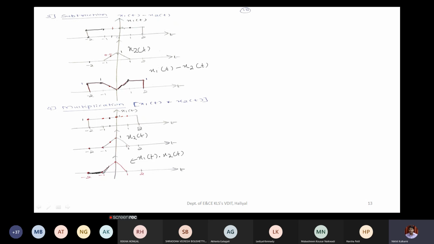So this is going to rise up, 1 into 1 will be 1, and similarly on the other hand. We will consider this part only, as from here to here it is completely 0.